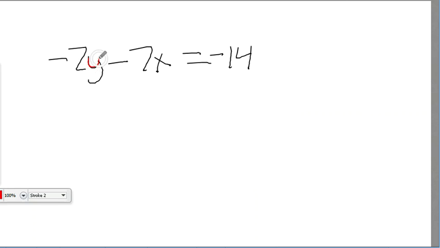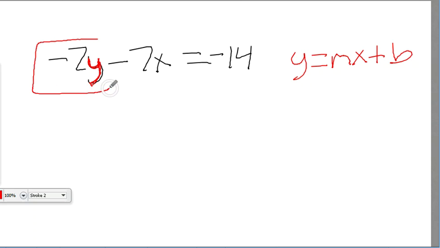Our y is right here on the left side of our equation. We want to get this equation into this form, so we want the y to be all by itself. You can see we have negative 2 times y minus 7x equals negative 14.